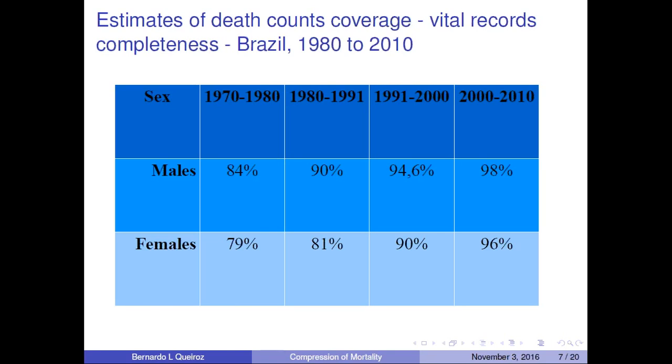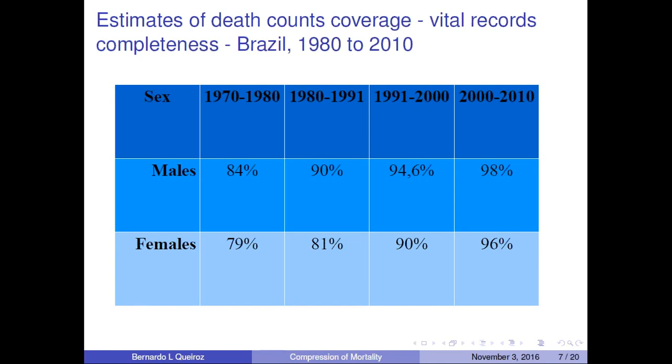So that's the Brazilian data, using the Ministry of Health database from 1998 to 2010, males and females. Completeness for males is a little bit better than for females, and we see a steady improvement in the completeness of death count coverage.